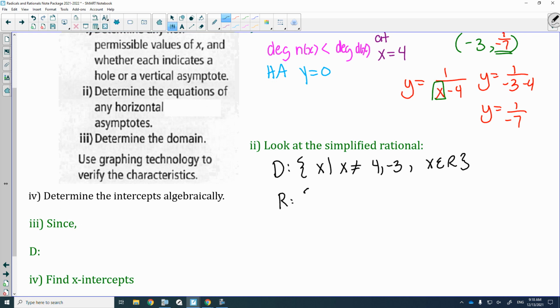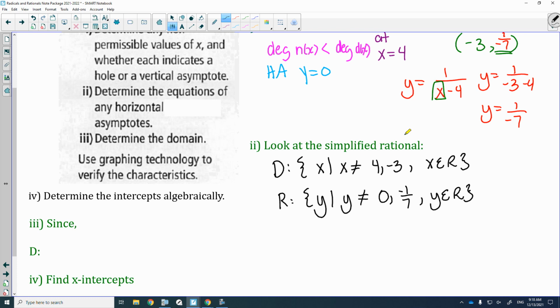Range. Tell me what y could not be. The HA you have to list, and the y value of the hole. So 0 and negative 1 over 7. Okay, so we've got our domain and range.